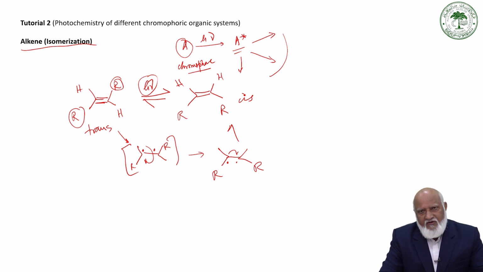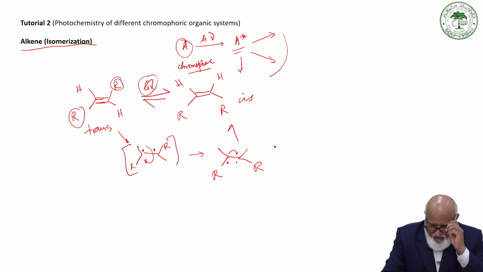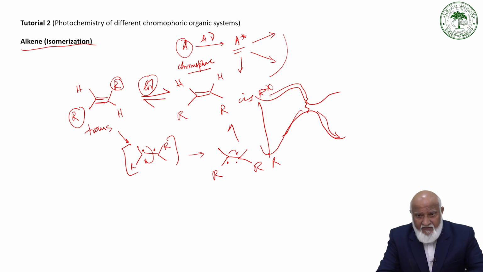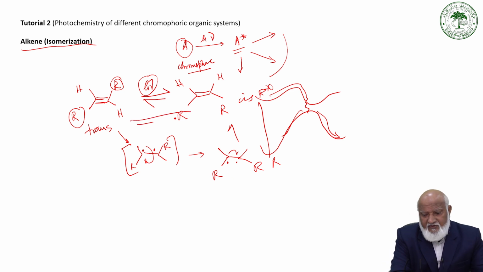Hence it is possible for the excited state reactant to come back: R going to R star, and then R star moves here and switches over. That's why this is always in equilibrium.